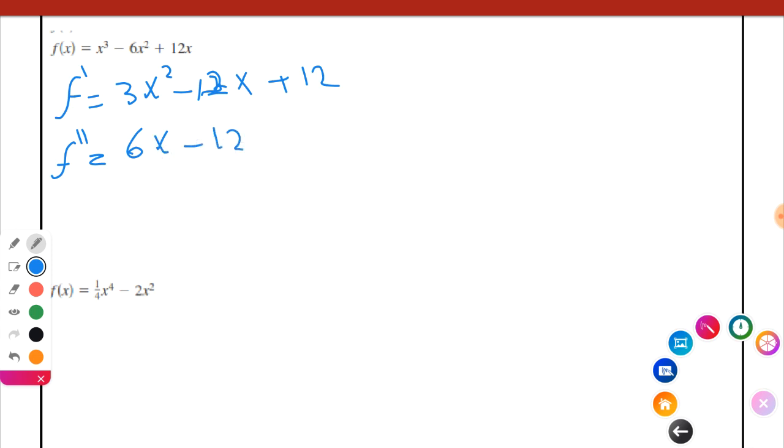Okay, then find the values at which the second derivative equals 0 or does not exist. Since we have a polynomial function, I will find the zeros only in the case in which the second derivative equals 0.